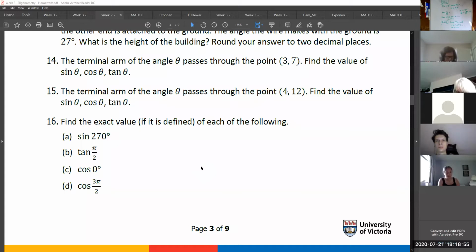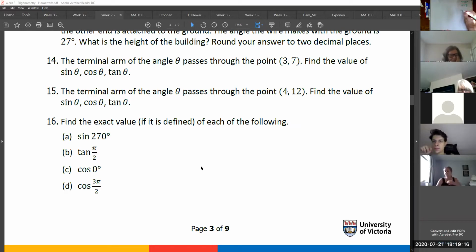So, coming down to look at question 16, find the exact value, if it is defined, for each of the following. Sine of 270 degrees. We want the tan of pi over 2.